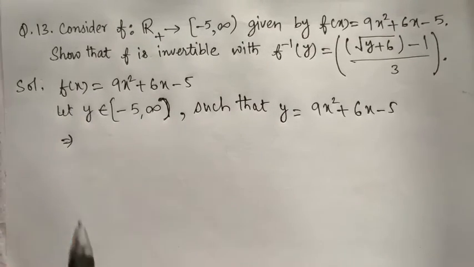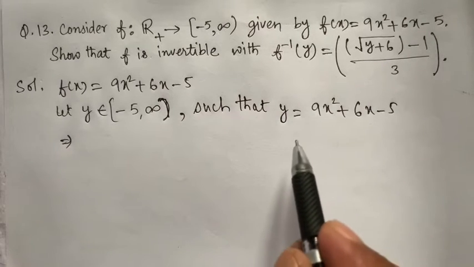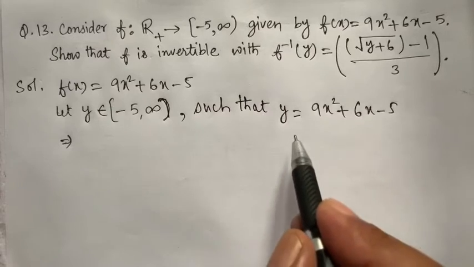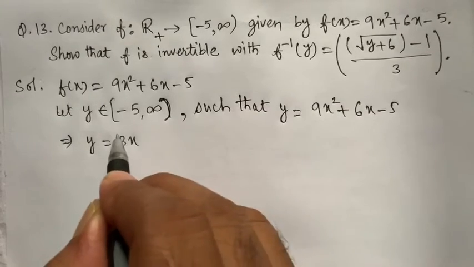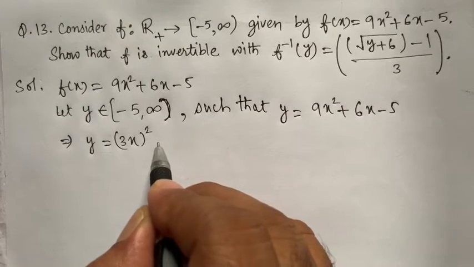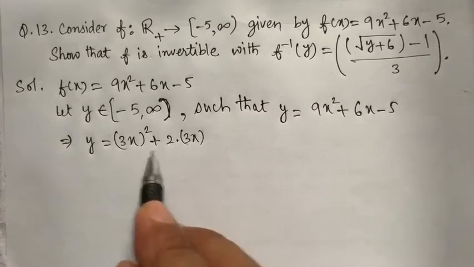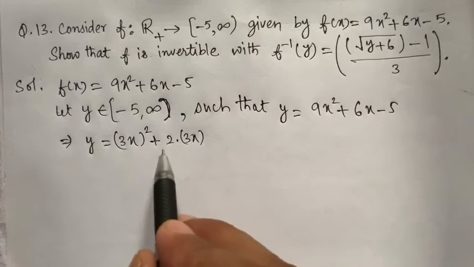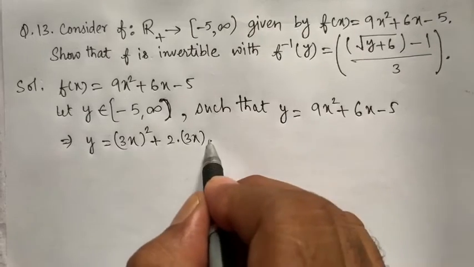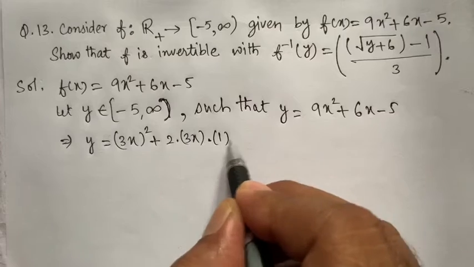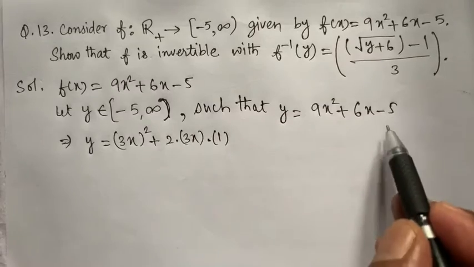Now I had told you while we were discussing this kind of problem that there is one way and only one way to solve it. We need to complete the square on the right hand side: 3x whole square plus 2 into 3x into 1, so that there will not be any change there, and we will obtain 6x there.